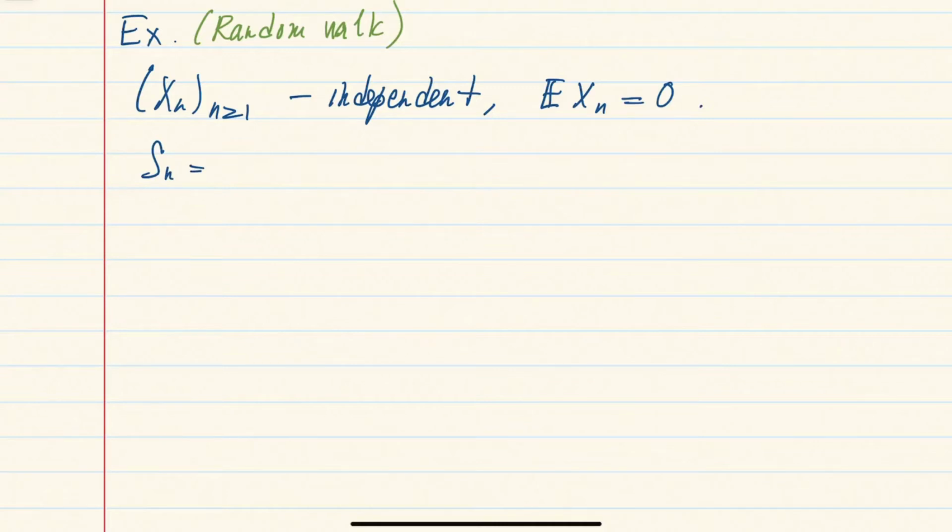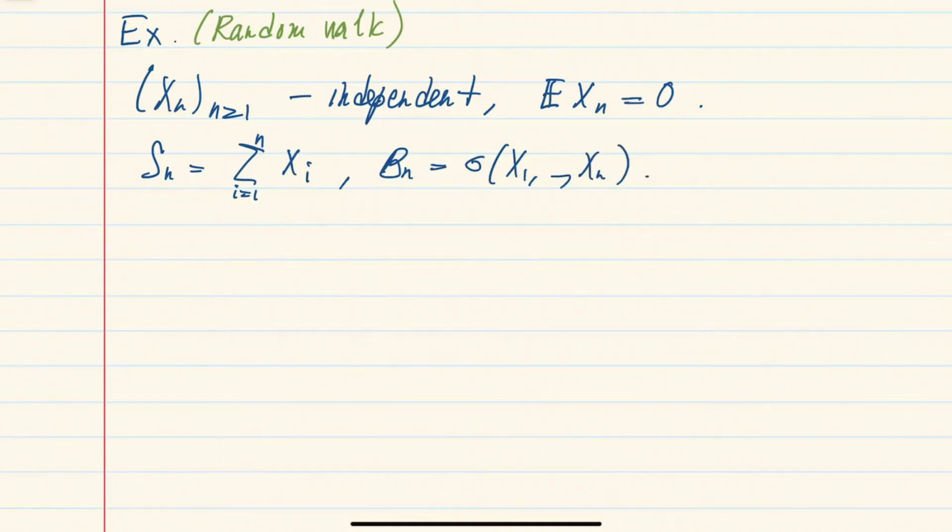And then we look at the sum. So Sn will be the sum of the first n random variables Xi. And Bn will be simply the sigma algebra generated by this sequence up to time n.